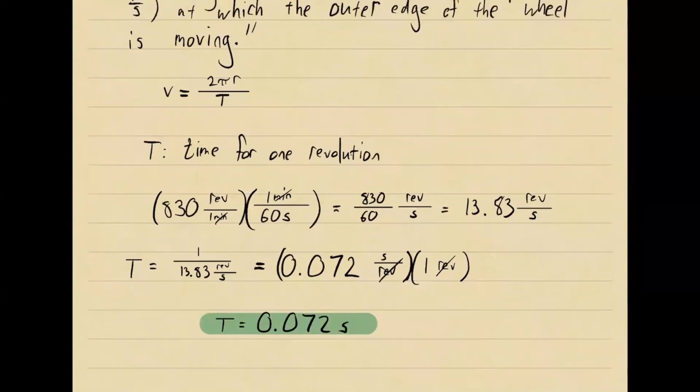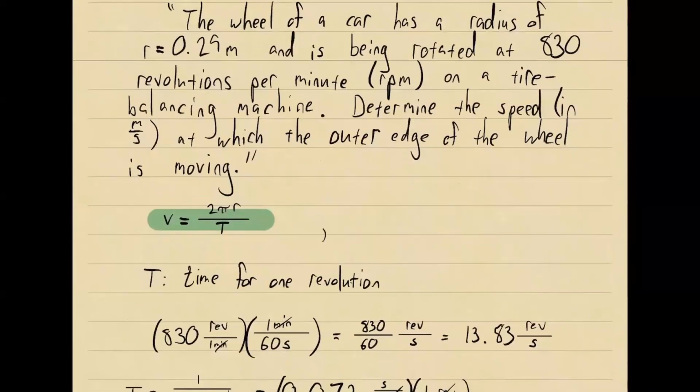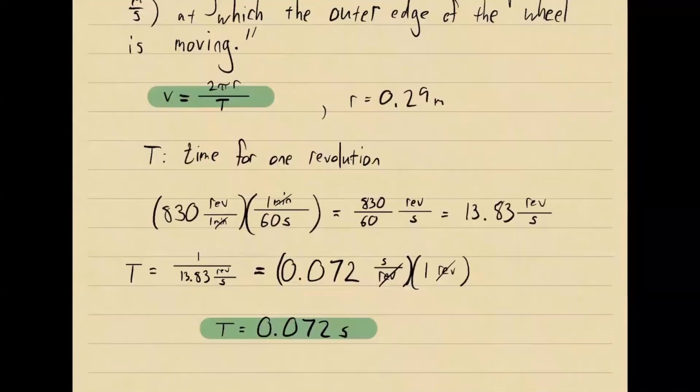Right. So using these two pieces of information, the radius, which is 0.29 meters, and the fact that we know how to calculate the speed of an object moving in uniform circular motion, we can calculate how fast the outer edge of the wheel is moving.